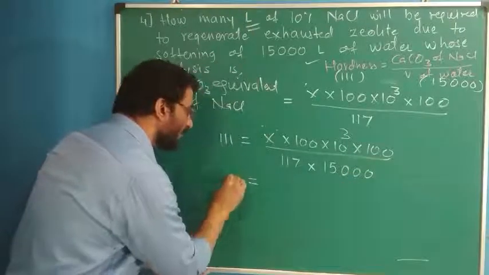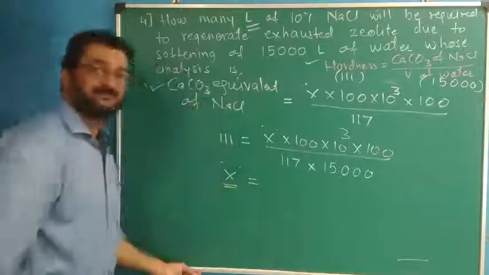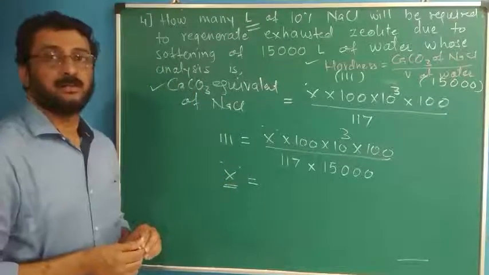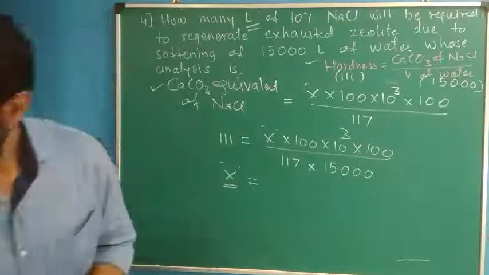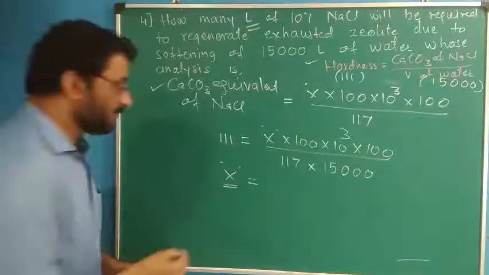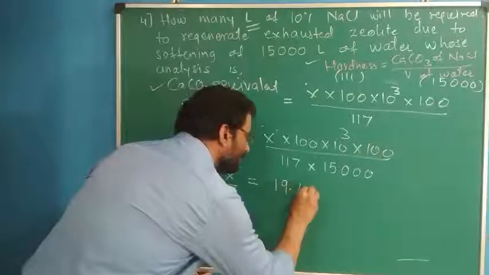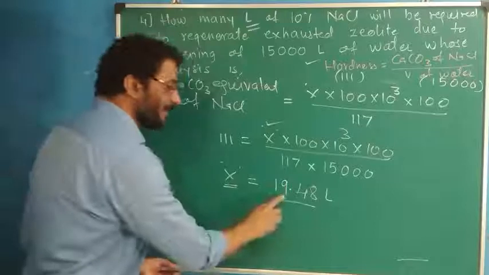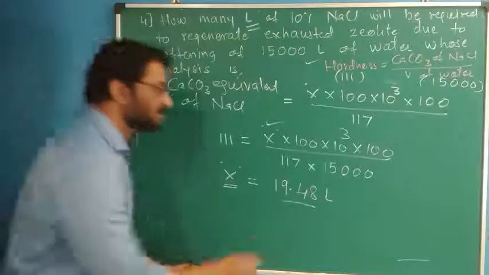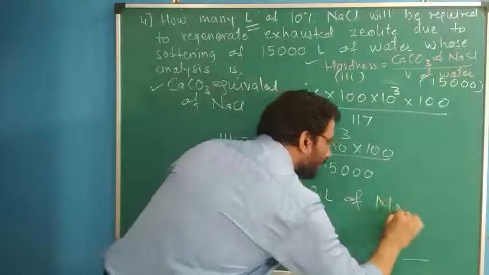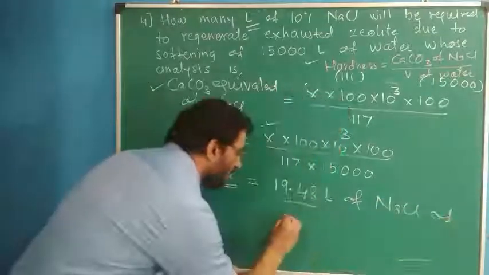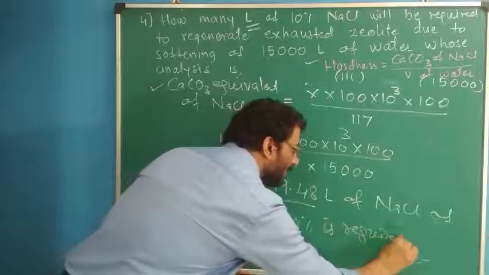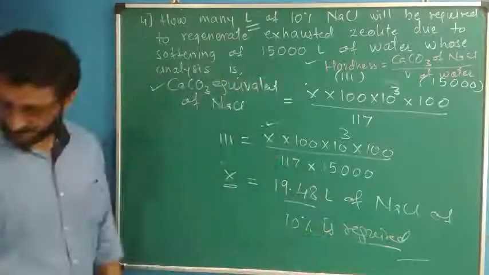From that you find out X. X is what? Liters of NaCl. Already we have seen. Whose strength is 10%. My X value is 19.48 liters. Now this X you can find out easily. Answer is 19.48 liters of NaCl of 10% strength is required. That is the answer.